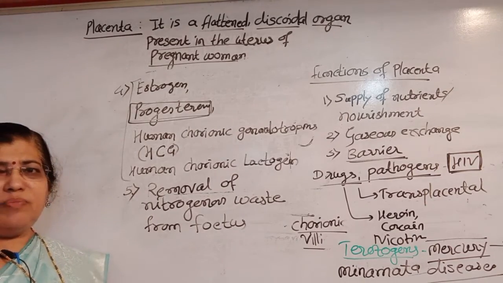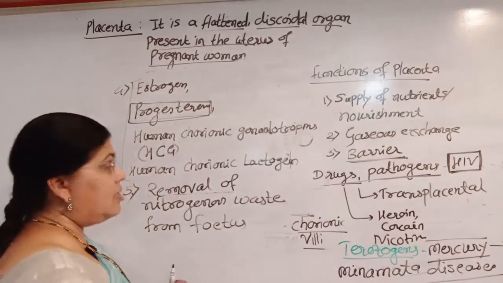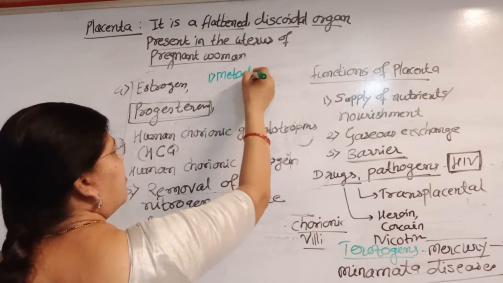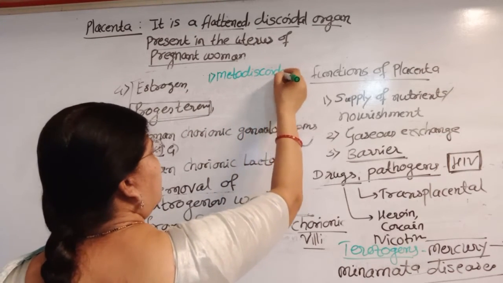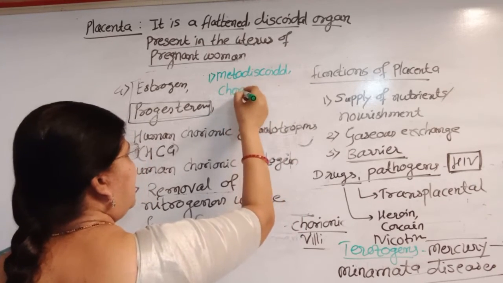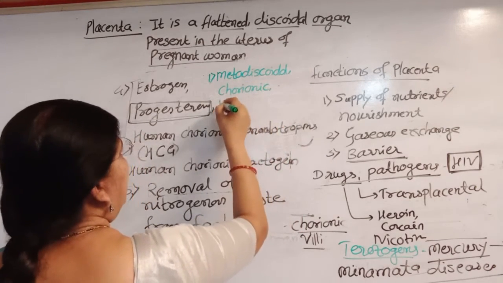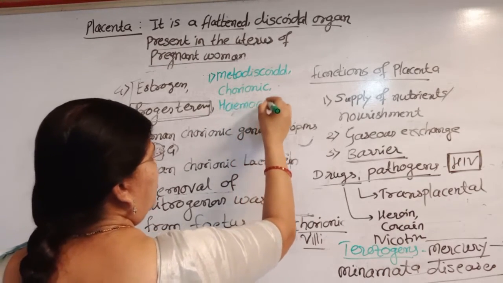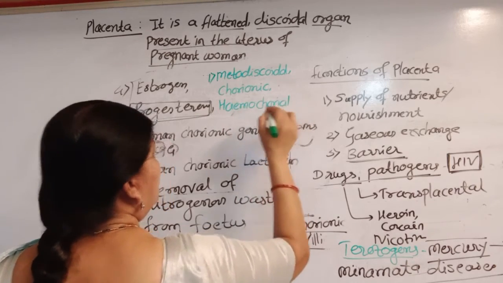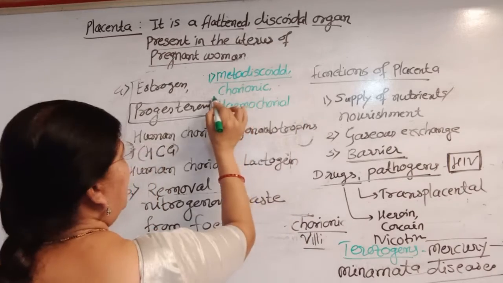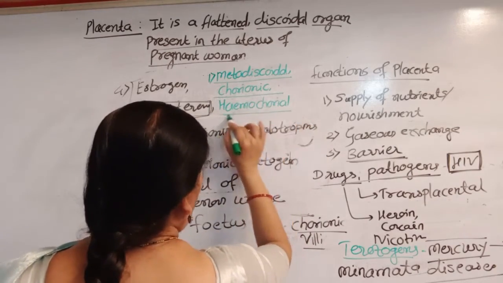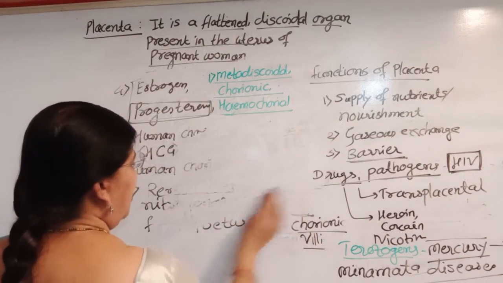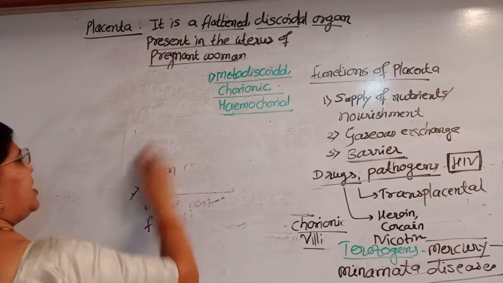In case of placenta, some terminologies are used. Number 1, the placenta is metadiscoidal, chorionic and hemochorial. So human placenta is metadiscoidal, chorionic and hemochorial. We will explain these three terminologies.